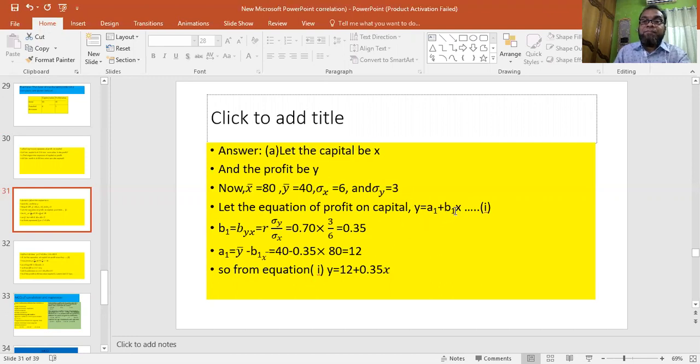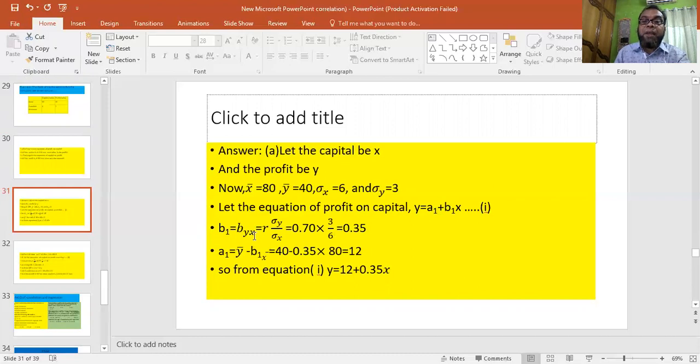Here b1 is the regression coefficient, a1 and b1 are constants. Here you have to understand which regression coefficient, byx or bxy. If Y is first, that is Y is dependent, it will be byx. So b1 equal to byx. You will read it as the regression coefficient of Y on X.